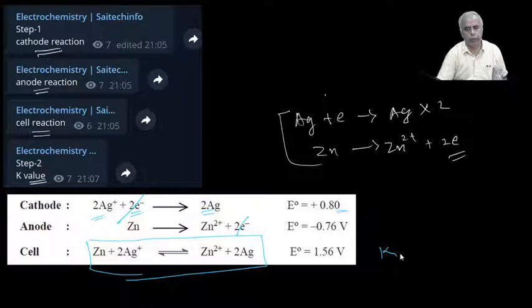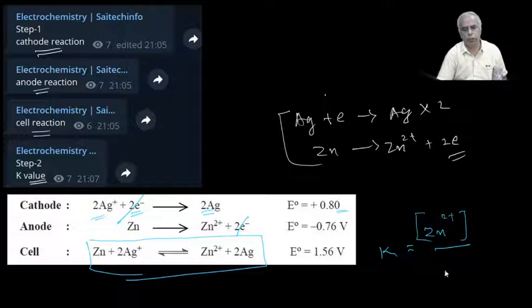Once you are able to establish the cell reaction, you have to derive the K for that. K for this equation is the product of the concentration of products divided by the product of the concentration of reactants, and therefore here Zn2 plus. You know very well that for any metal, the concentration is taken as unity, so you can ignore it. Divided by, and in this case also the zinc concentration is ignored.